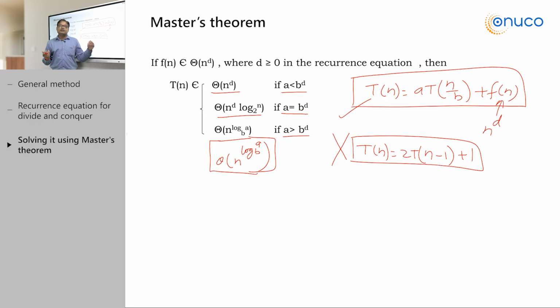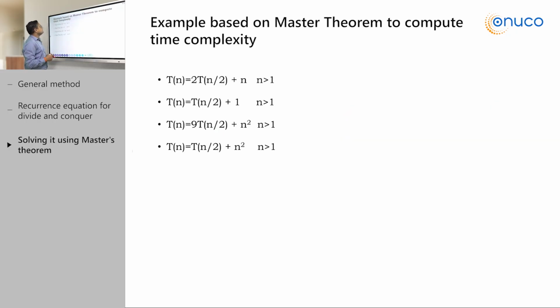Then you have the recurrence tree method. But in your syllabus, we have Master Theorem and backward substitution method. Let us see some examples based on Master Theorem, how to find the time complexity for the given problems. These are all recurrence relations. So let us see the first example.